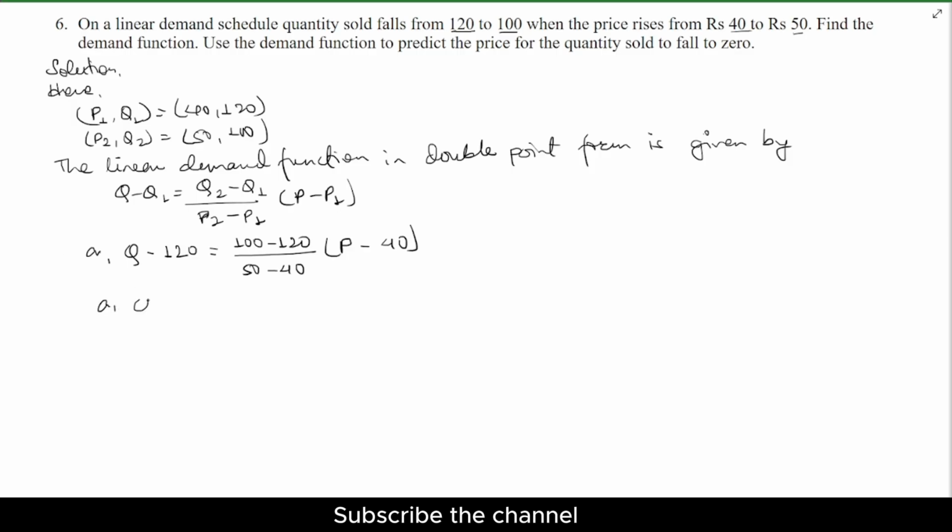Now solving this, what will you get? Q minus 120 equals minus 20 over 10 and then P minus 40, or Q minus 120 equals minus 2 times P minus 40, or Q minus 120 equals minus 2P plus 80.